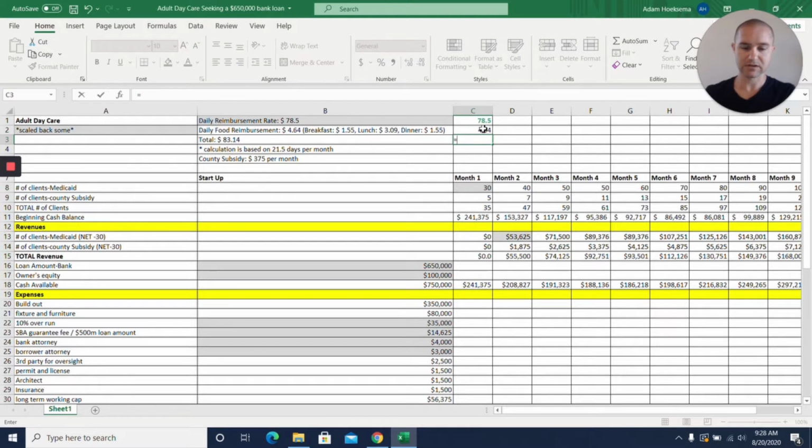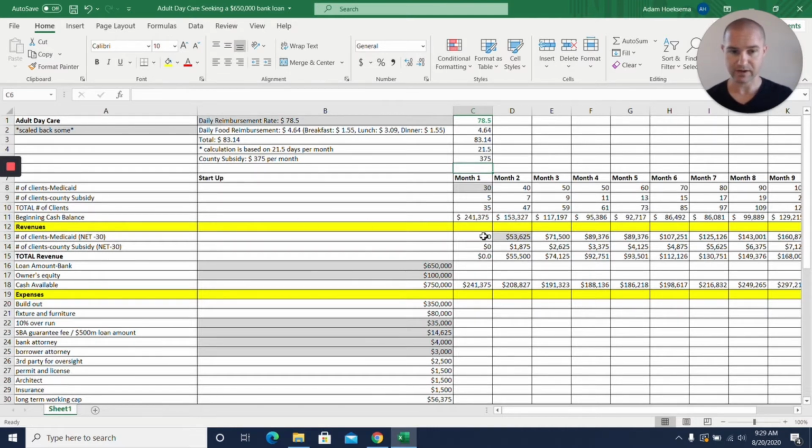Sorry, I need to do a sum, add those up, and then 21.5 days and $375. So I would put these in their own cells instead of within the text of these cells. The reason being is now I can use these assumptions in the rest of my model to build out equations. And so we'll jump into that next.